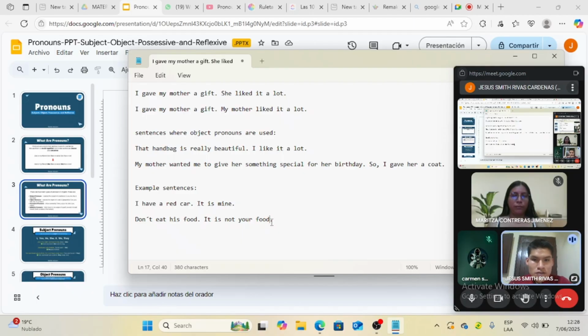Entonces, por eso utilizo yours. Don't eat his food. It is not yours. Se traduciría como, no coma su comida. No es tuya. I hope all is clear so far.